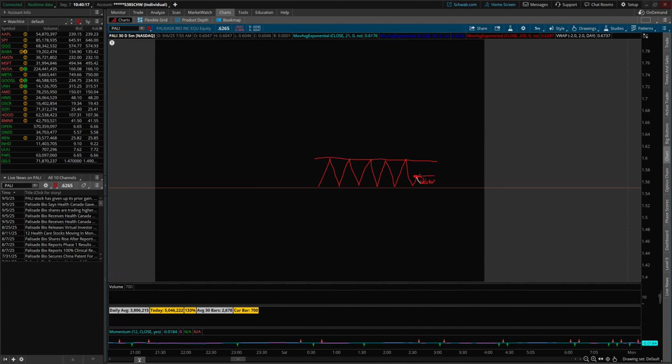Why does it make sense for you to respect a 10% rule when clearly the support shows over here? Your stop loss should be underneath this line.